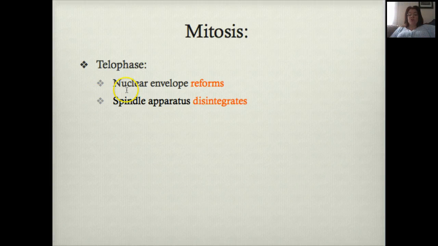So the nuclear envelope is going to reform during telophase, and the spindle apparatus, all of the spindle fibers, are going to break down and disappear again. The spindle apparatus is literally going to disintegrate. What this means is that during telophase we have a single cell that has two nuclei in it. Very unusual.